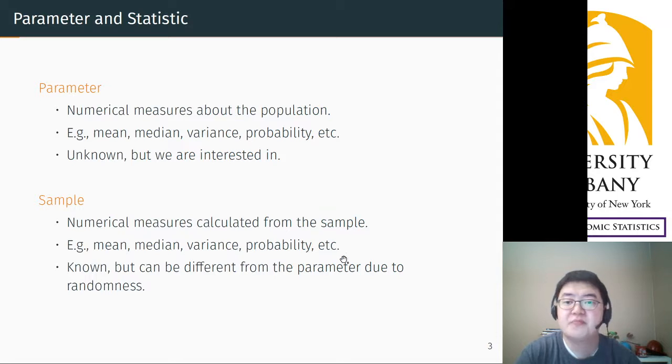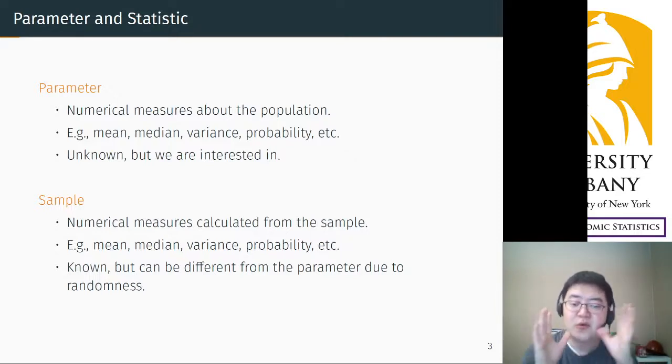Okay. And another set of terms, parameter and sample. In chapters 5 and 6, when we learned the binomial distribution and normal distribution, I used the term parameter in a different way. At that time, parameter meant a small number of numerical measures that describe much more information. For example, the binomial distribution is summarized by two parameters, n and p, and the normal distribution is also summarized by two parameters, mean and variance.